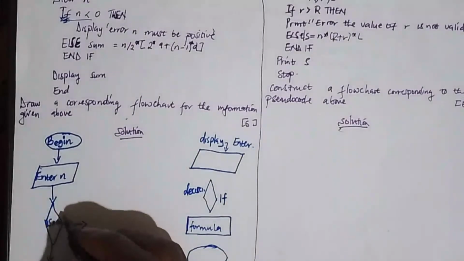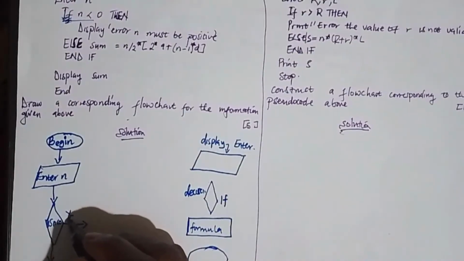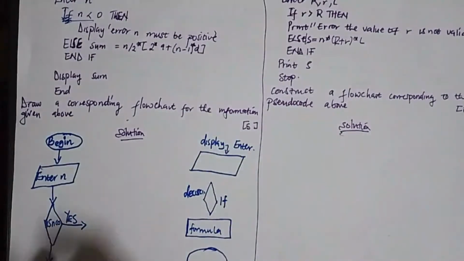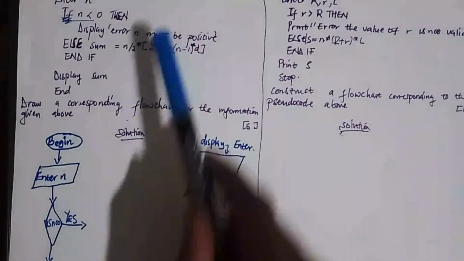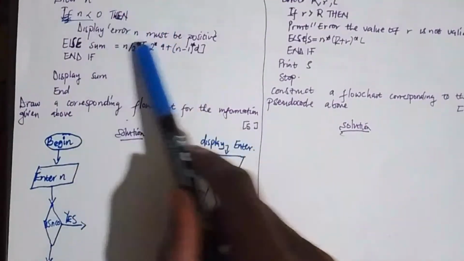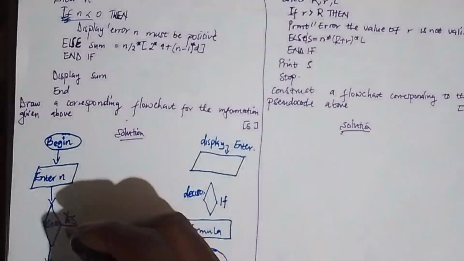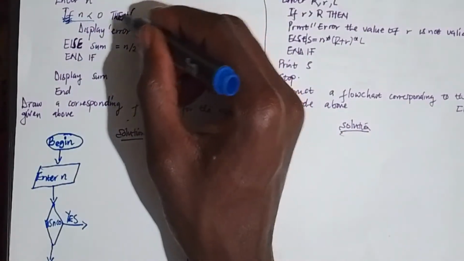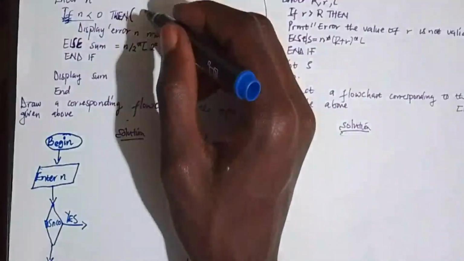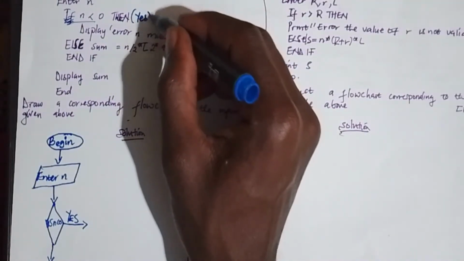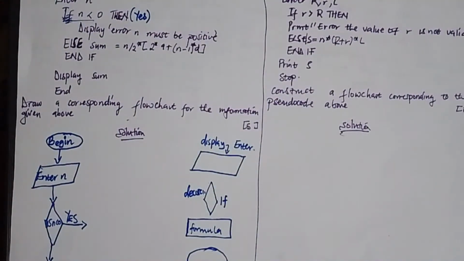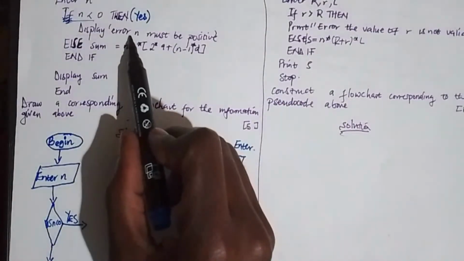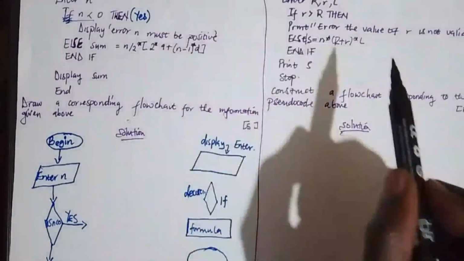Then here, if you say yes, what does it mean when we look here? The word then means yes. So whenever you see then, what you should write is yes. After writing yes, the next thing we are seeing is display error, n must be positive.